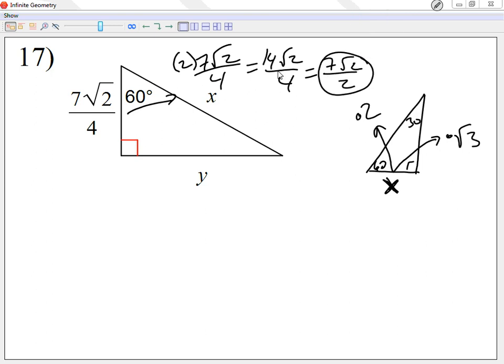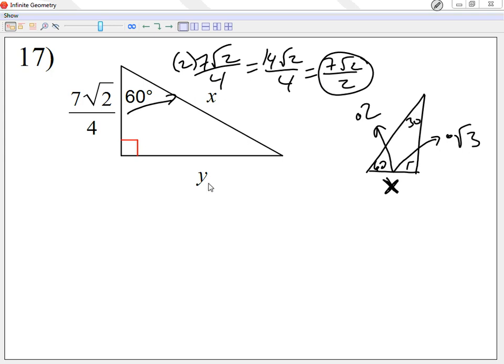Right? My 14 over 4, I call it 7 over 2. I simplify the fraction. Once again, from the small side to the hypotenuse, multiply by 2. 2 times 7 gave me 14 on top. But then 14 over 4 is better known as 7 over 2. Simplify your fractions.